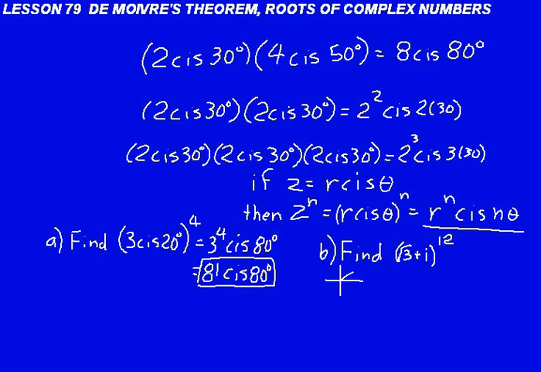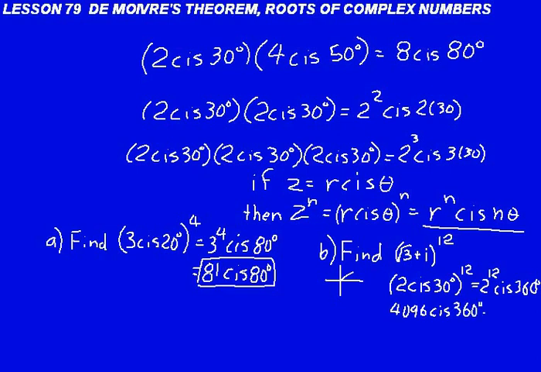So this is really like saying a magnitude of 2 cis 30 degrees to the 12th power, which would be 2 to the 12th cis of 12 times 30, or 360 degrees. 2 to the 12th is 4,096. So we'd have 4,096 cis of 360 degrees.